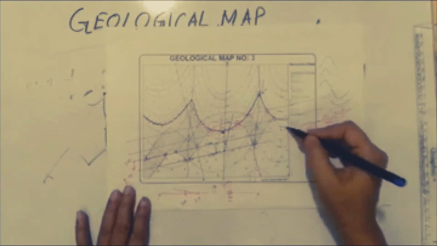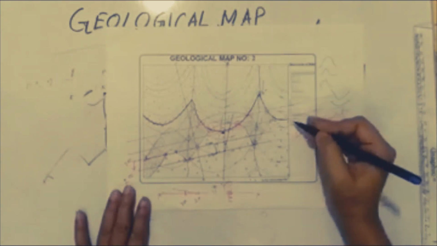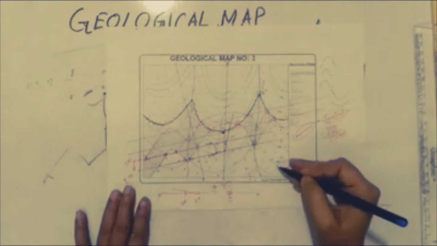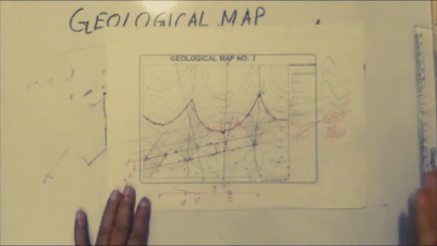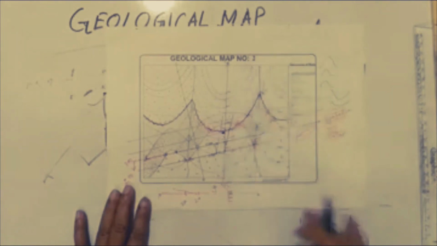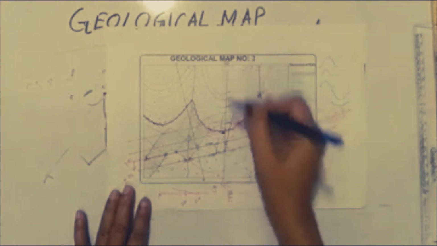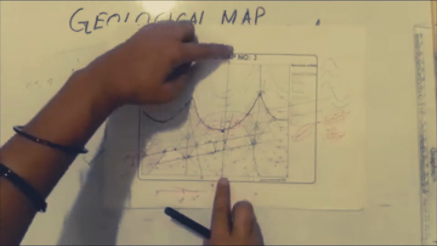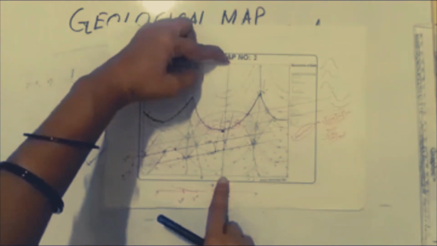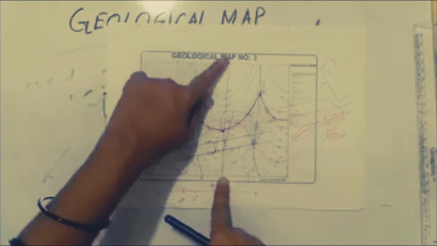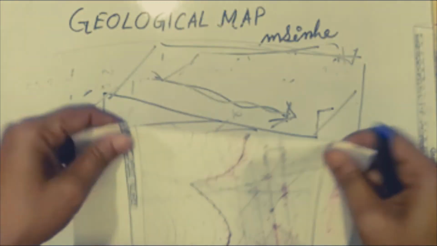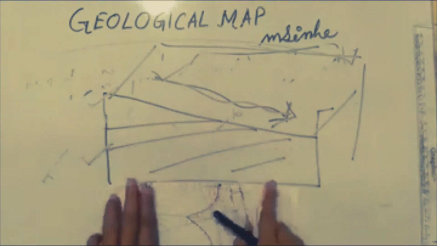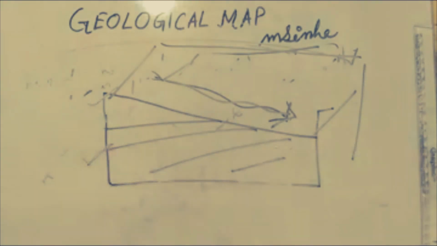This is the extreme bending of the contour, and those are the extreme bending of the beds. So connect those points and put arrows after minute observation of the contour value. Then you will get the river line, and this is the section line. You have to think about all these things in perspective to your section line. After plotting all these things, put the section line here and think in 3D.